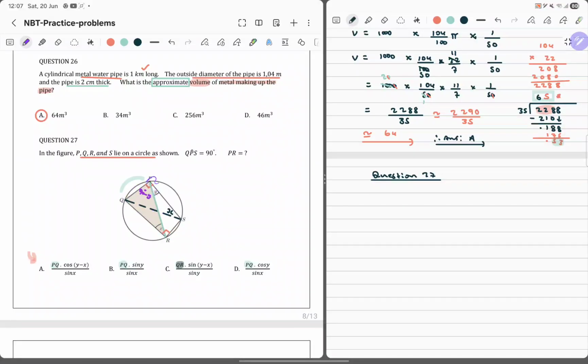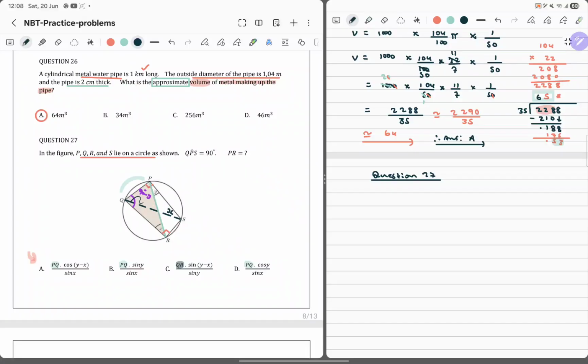So can you see this triangle already will give us PR easily, because QP is part of this business here, and we've got x over here, so we can work out this angle from the sum of 3 angles of a triangle. So we're going to have 180 degrees minus (90 plus y minus x), so 180 minus 90 is 90 degrees plus y minus x.